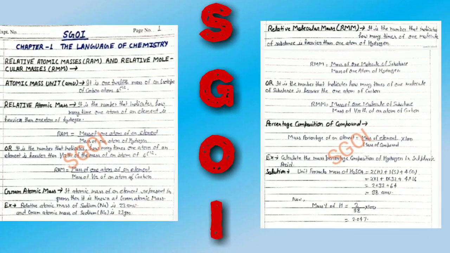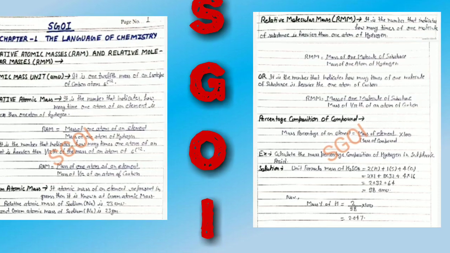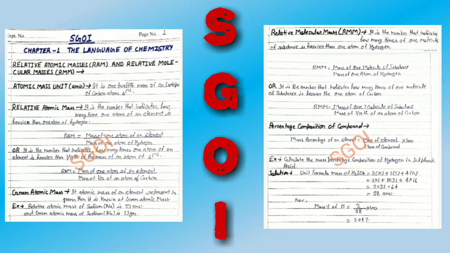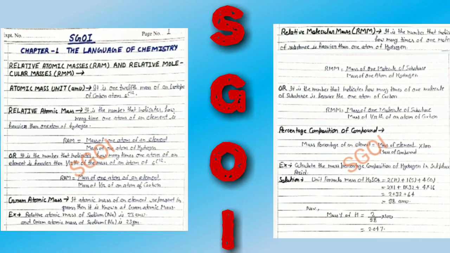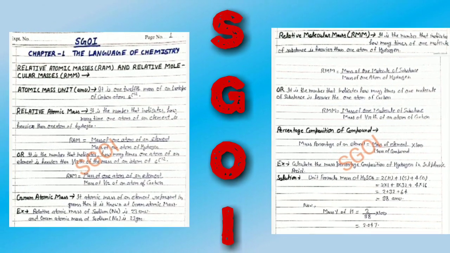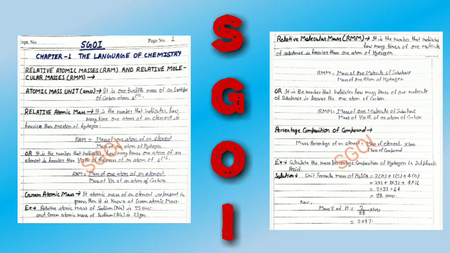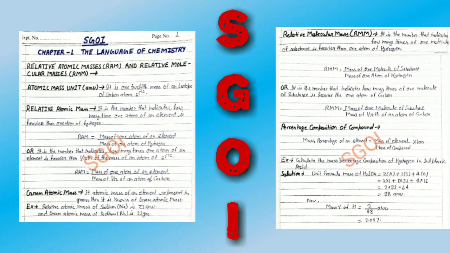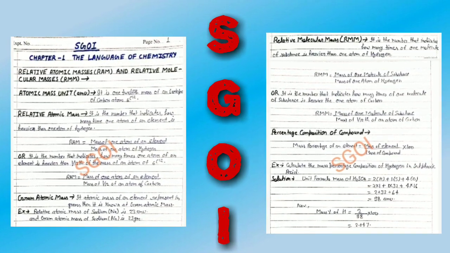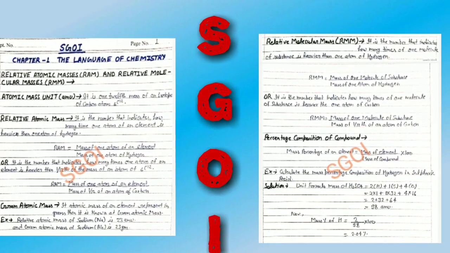It is also defined on the basis of hydrogen and carbon both. First we explain on the basis of hydrogen. It is the number that indicates how many times one molecule is heavier than one atom of hydrogen. Here we represent one molecule; in atomic mass we represent one atom.